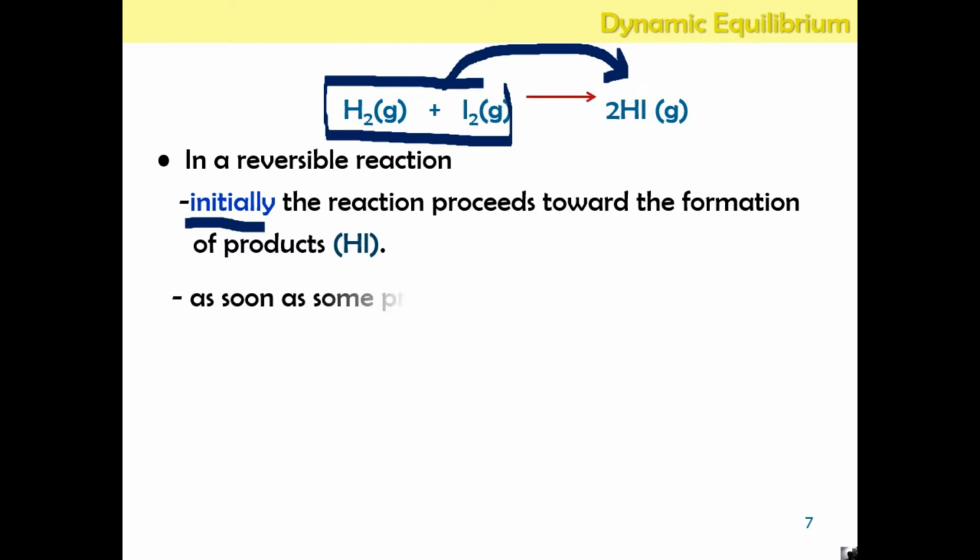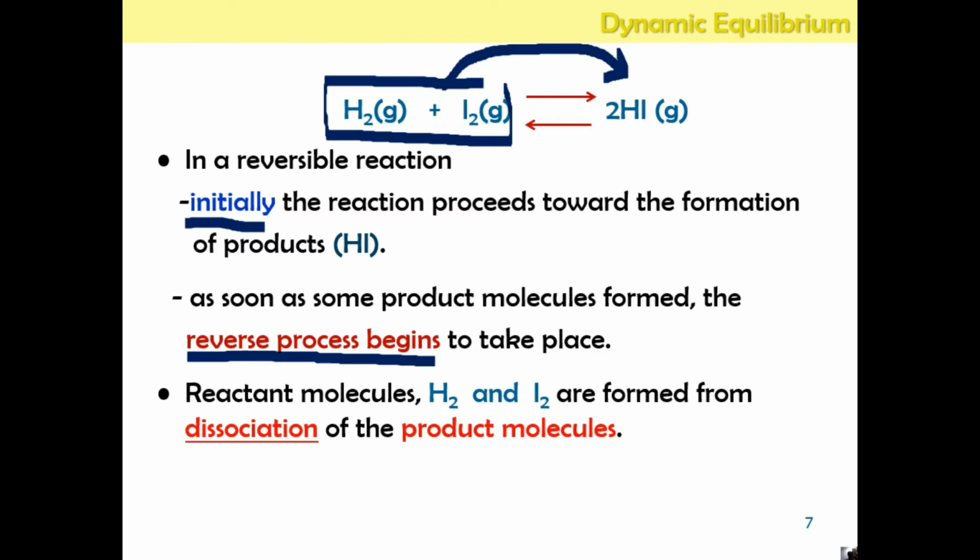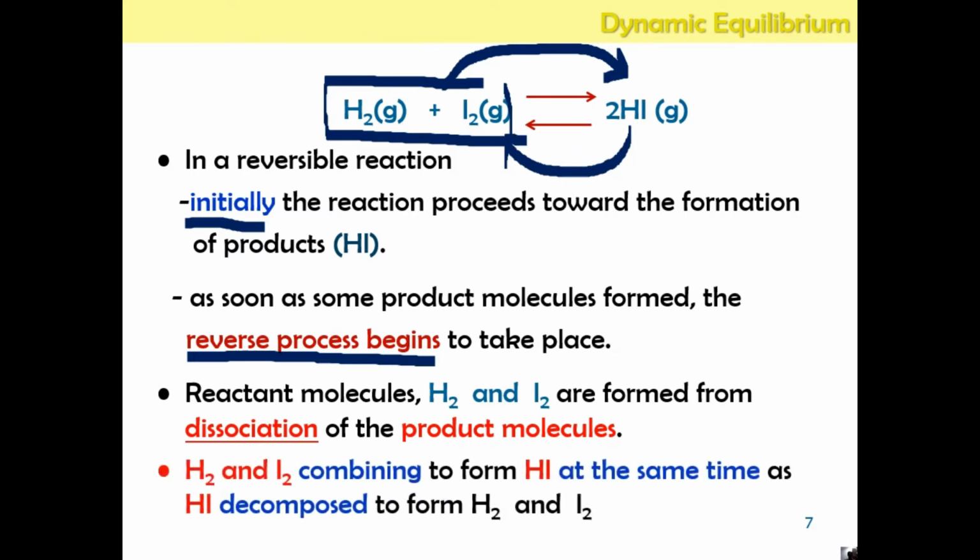Then, as soon as some product molecules HI form, the reverse process begins to take place. Reactant molecules hydrogen and iodine are formed by dissociation of the product molecule, 2HI to H2 and I2. H2 and I2 combine to form HI at the same time as HI decomposes to form hydrogen and iodine.